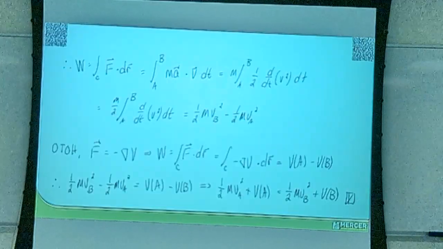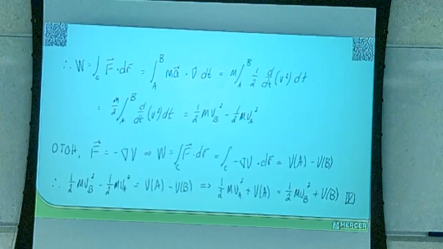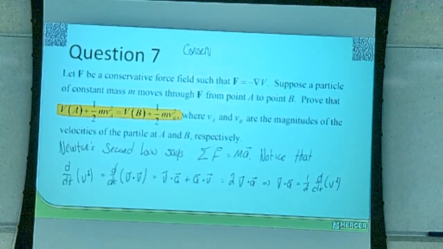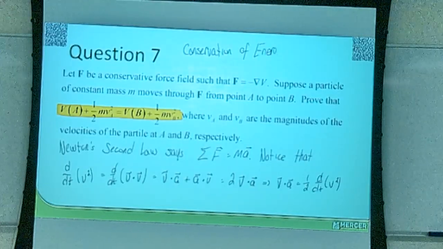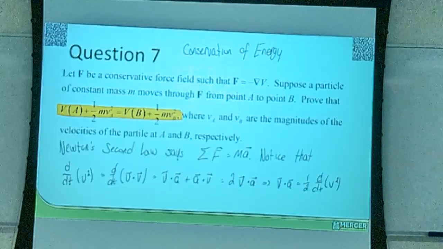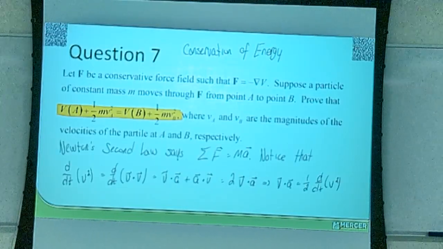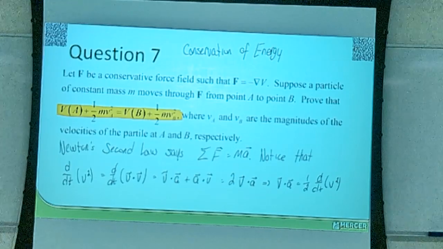Energy is conserved, but only through a conservative force field.